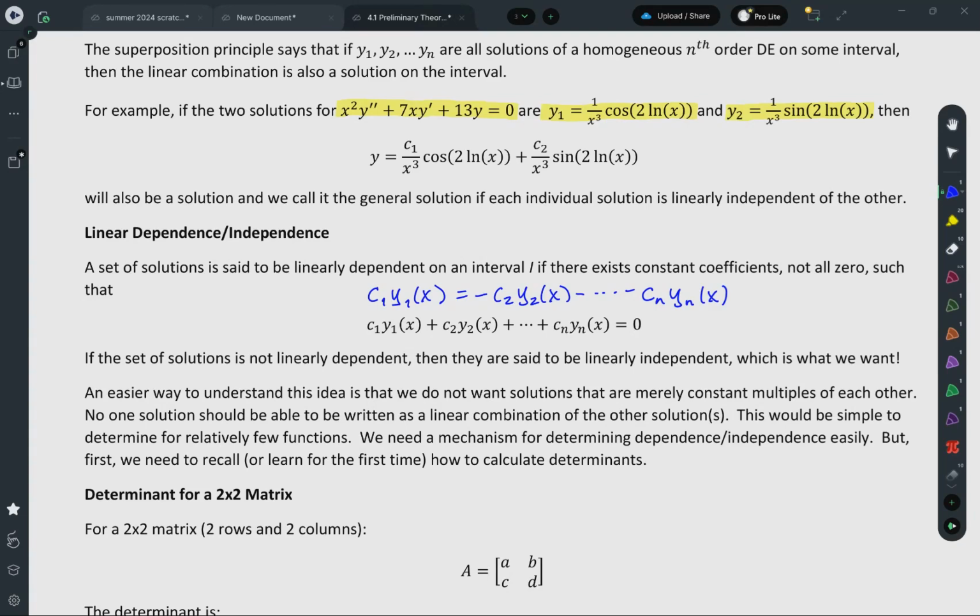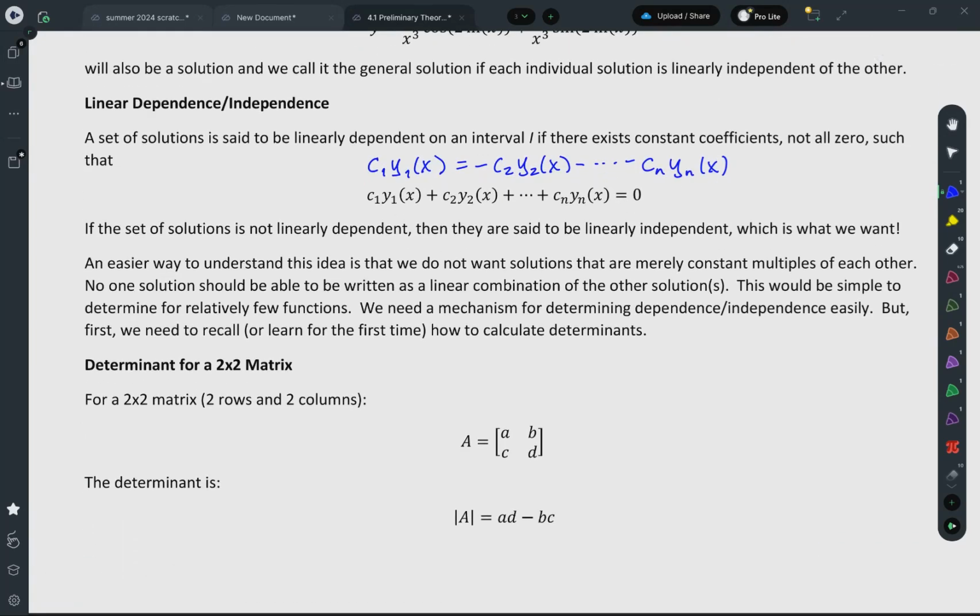If the set of solutions is not linearly dependent, then they are said to be linearly independent, which is what we want. This method of seeing if you can add up all of your solutions and get back zero is not how we want to actually figure out independence. That is merely a definition.